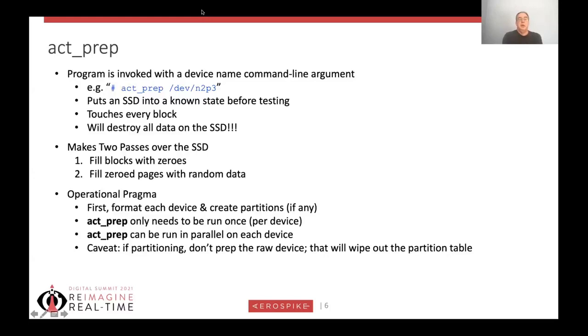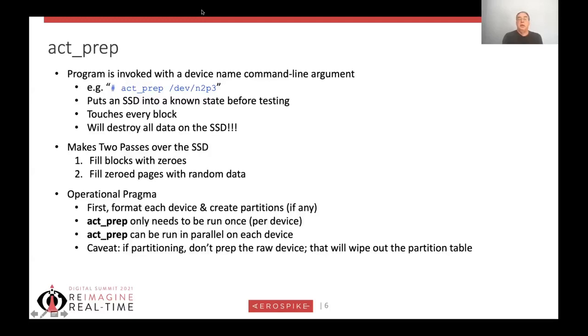Some operational pragma to use ACT prep. First, you want to format the device, create any partitions you're planning. It only needs to run once before you start your testing, and does not need to be run for subsequent runs. It is fine to run it in parallel on multiple devices.